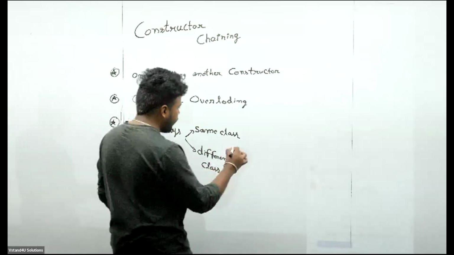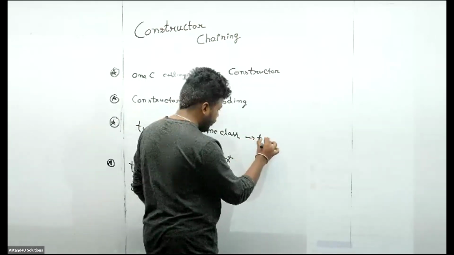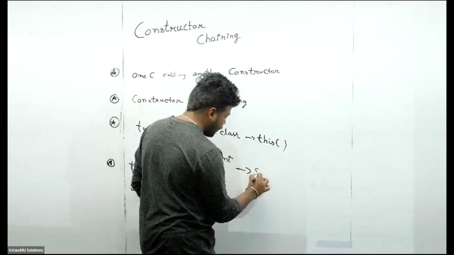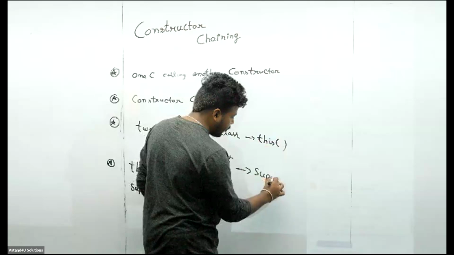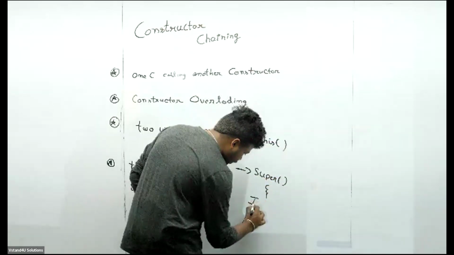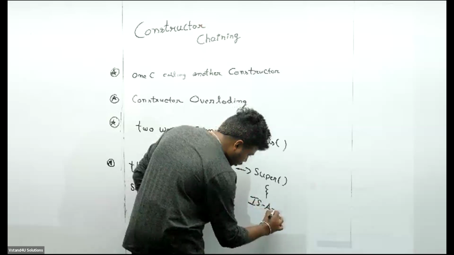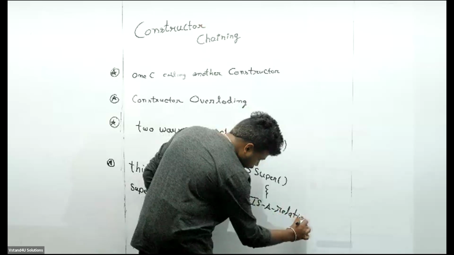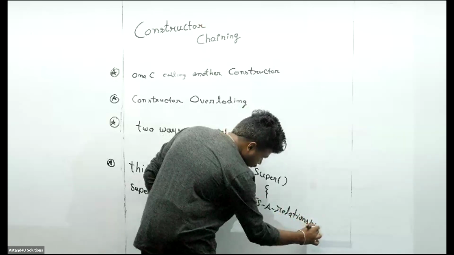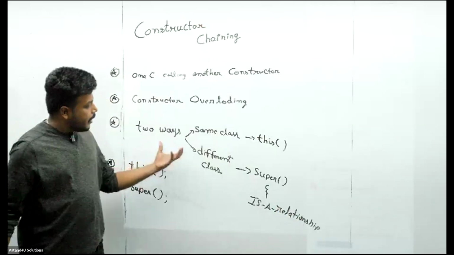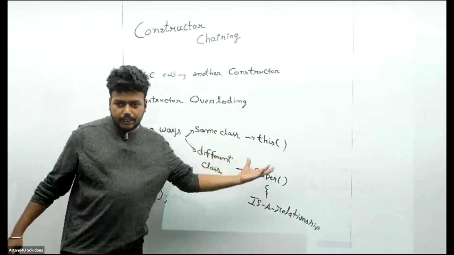This statement occurs in the same class, and for different classes we have to make use of the super statement and IS-A relationship. What is meant by IS-A relationship? For the same class we have to make use of this statement.